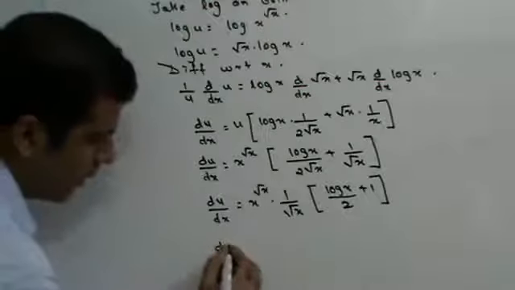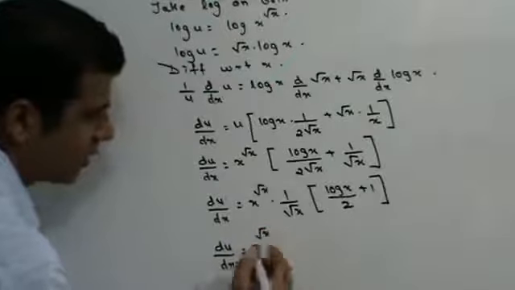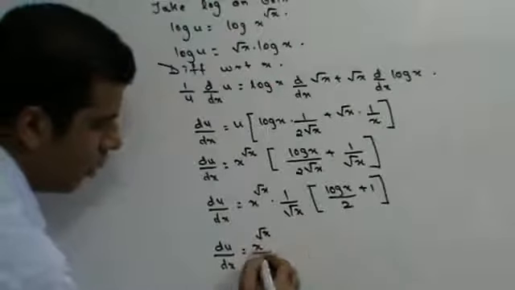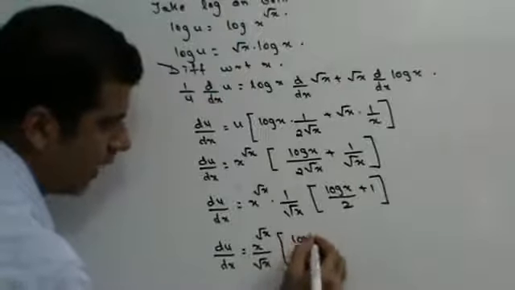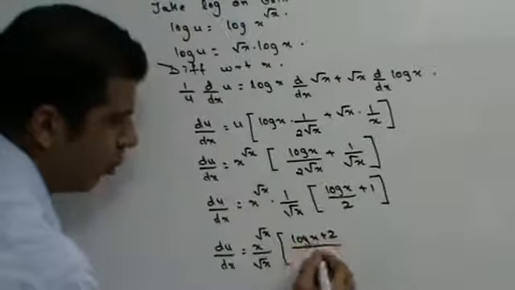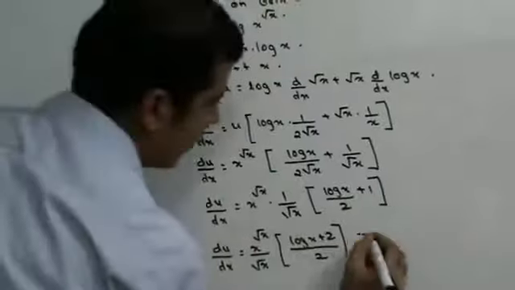Now, this can be written as du by dx is x raised to root x upon root x, log x plus 2 upon 2. Leave that there as it is. Call this as equation 1.